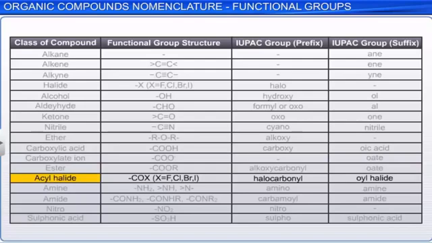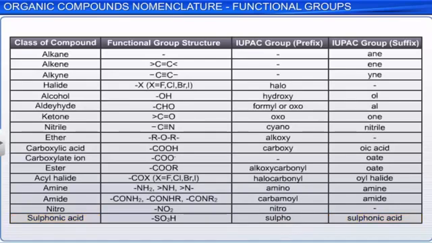The acyl halide group prefix is halocarbonyl and the suffix is oyl halide. The amine group prefix is amino and the suffix is amine. The amide group prefix is carbamoyl and the suffix is amide. And the nitro group prefix is nitro. The sulfonic acid prefix is sulfo and the group suffix is sulfonic acid.